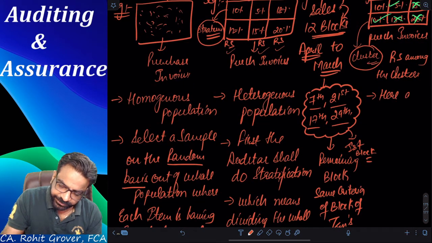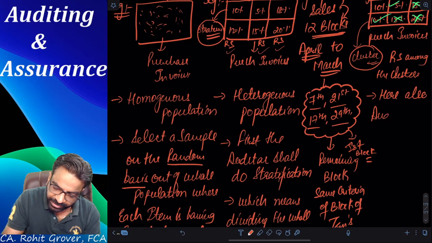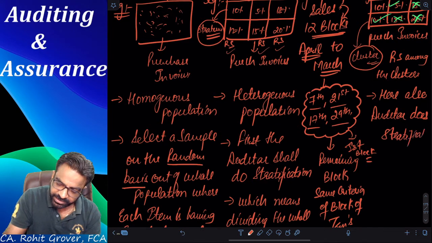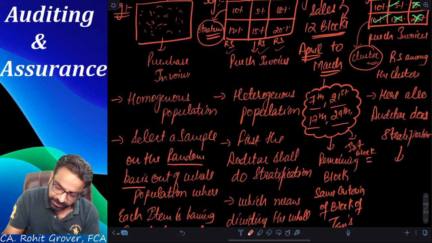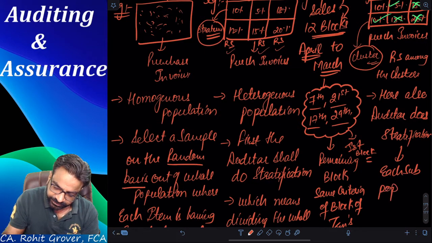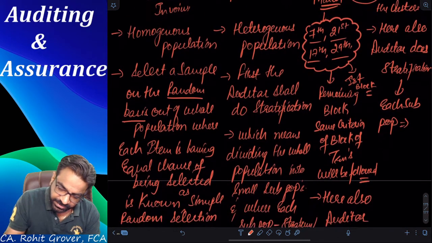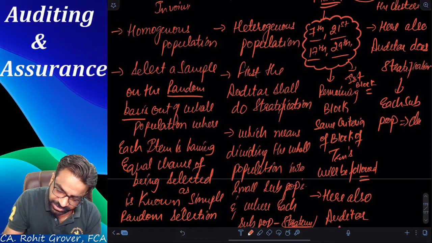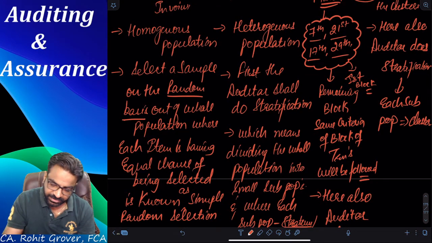Here also, the auditor does stratification. And each subpopulation here is known as clusters. Yes, each subpopulation here is known as cluster.